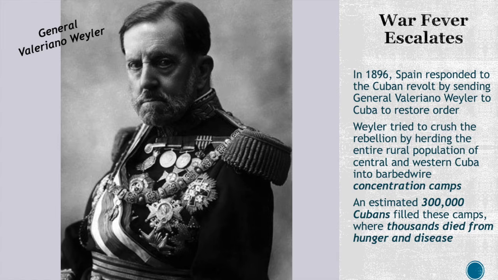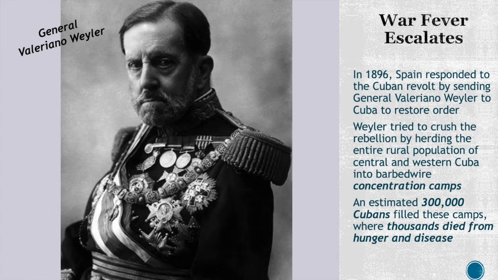And in 1896, Spain responded to the Cuban revolt by sending General Valeriano Weyler. I can't say this guy's name. It's very hard to pronounce. So they sent this dude to Cuba to restore order. And this general is going to try to crush the rebellion by herding the entire population of central and western Cuba into barbed wire concentration camps.